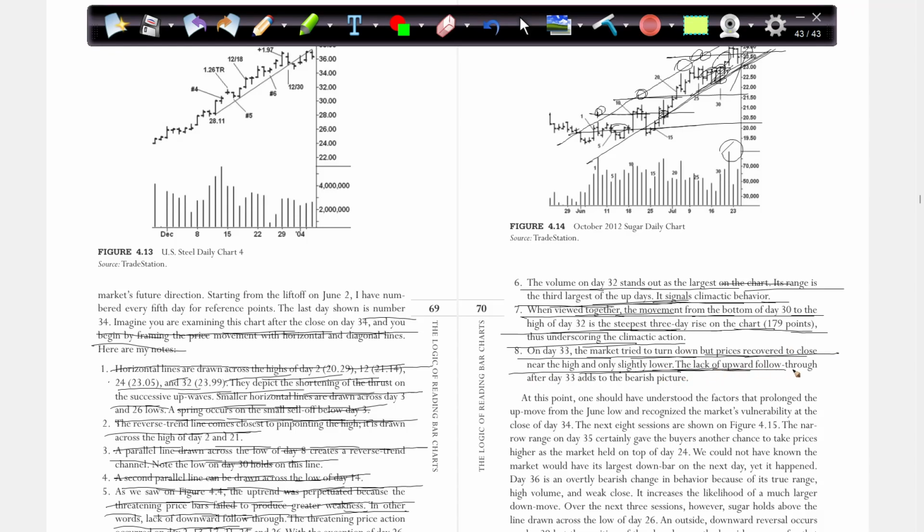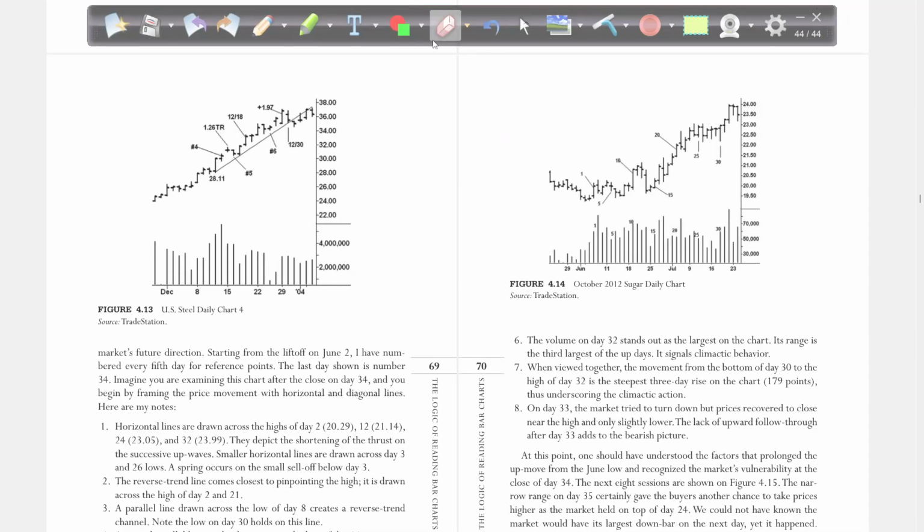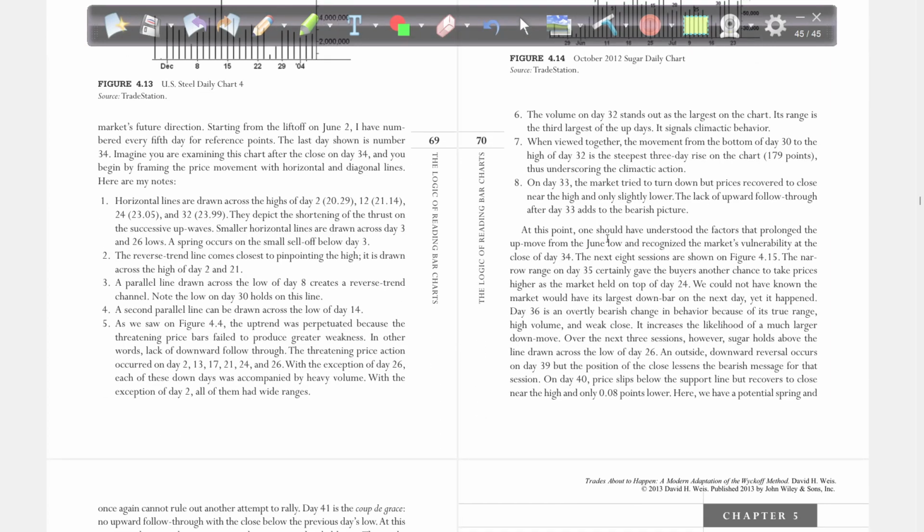The lack of upward follow through after day 33 adds to the bearish picture. At this point, one should have understood the factors that prolonged the up move from the June low, and recognize the market's vulnerability at the close of day 34.